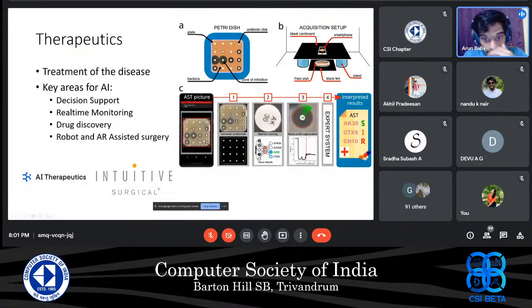If the antibiotic is effective, it will kill all the bacteria. Here the bacteria is the whitish patch, and if the antibiotic is effective, it will wipe out all the bacteria in here, hence the darker shade here.